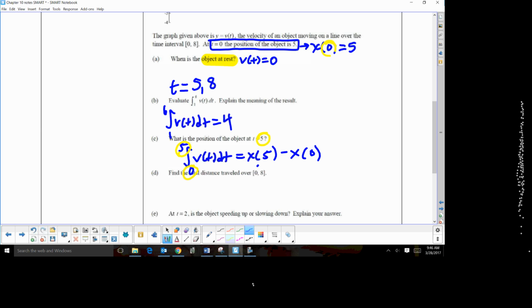So you can't just put the one that you know. That's why I always like to set it up. Okay? Alright, so we want the 5. What do we know this guy is from 0 to 5? 6. What do I know x of 0 is? 5. So what does x of 5 end up equaling? 11. Good?